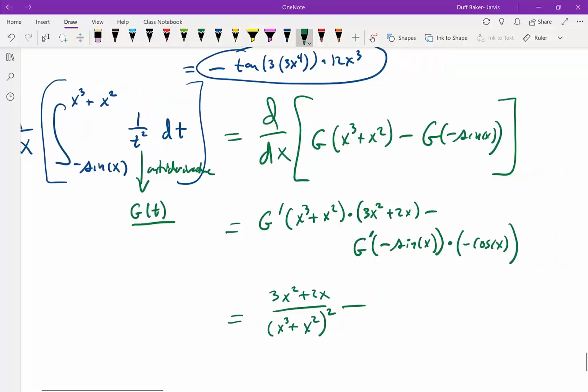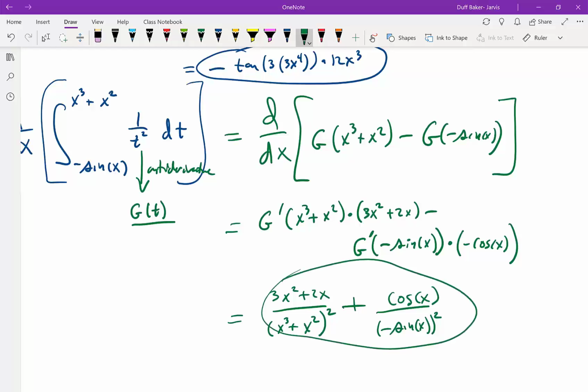And then in the second one, we'd have 1 over minus sine of x squared times negative cosine x. So you'd get something like this. Okay.